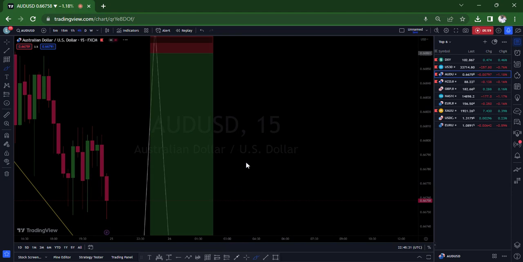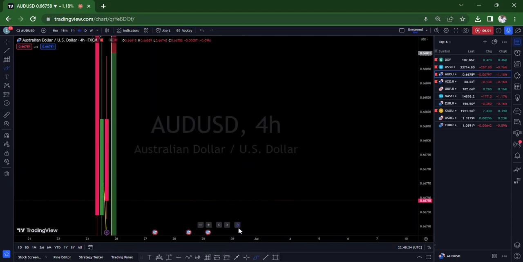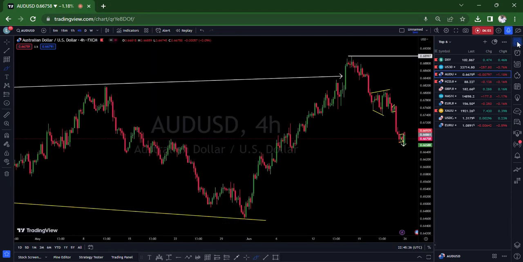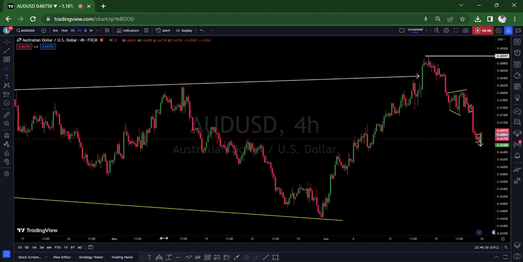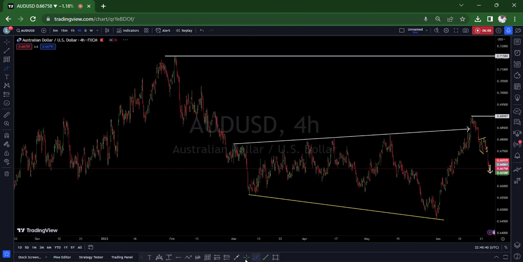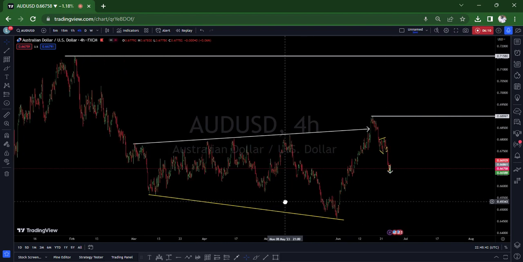So I'll just go to the 4 hour. I don't really want to waste too much time. You can see here how the price action is very, very clean.